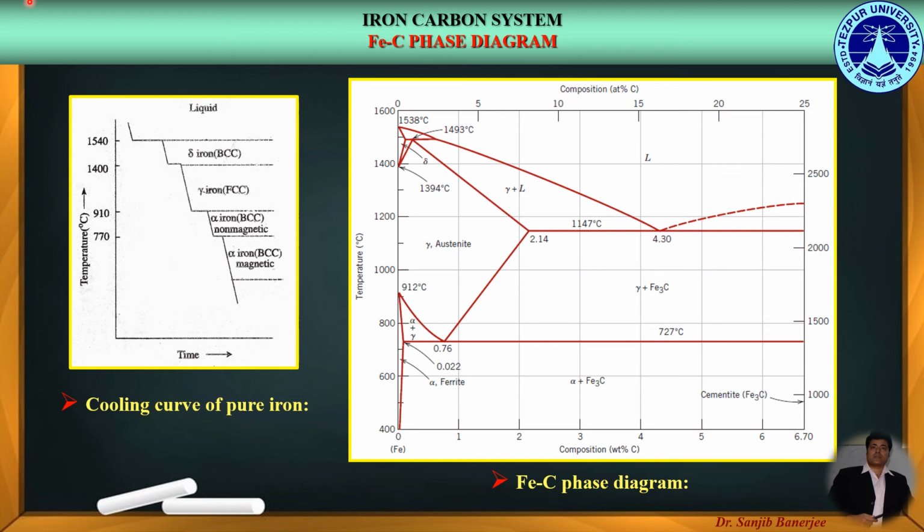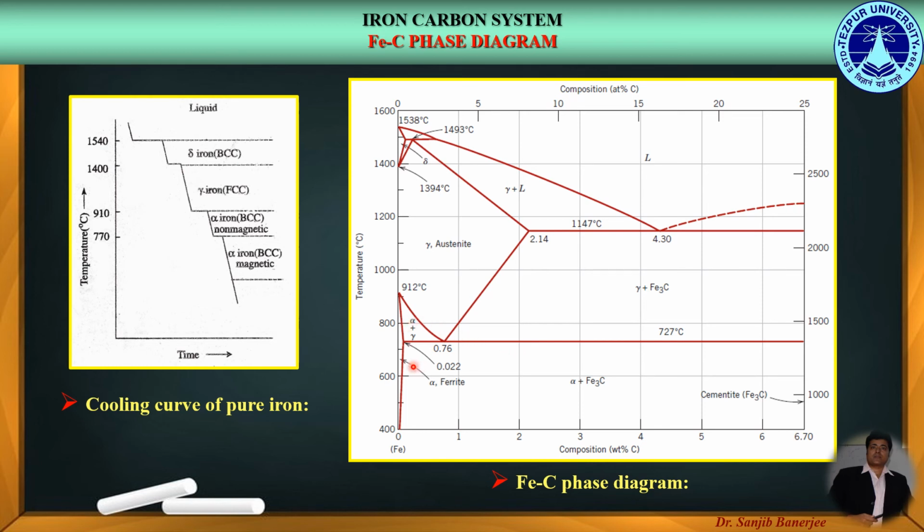In other words, the austenite transforms into an eutectoid mixture of ferrite plus cementite known as pearlite. Steels with carbon less than the eutectoid composition, that is in the left hand side of this eutectoid point, is known as hypoeutectoid steels, and those greater than the eutectoid composition, that is in the right hand side of the eutectoid point, is known as hypereutectoid steels.